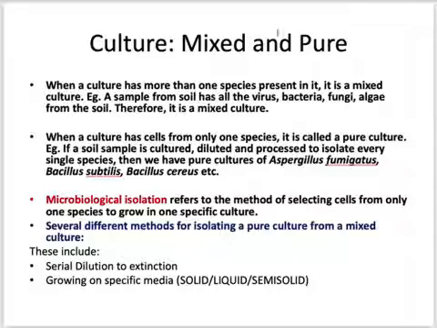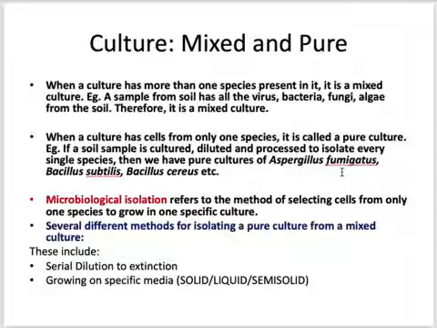So a mixed culture contains more than one species, and pure culture means there is only one type of microorganism. You can define pure culture this way: when a culture has cells from only one species, it is called a pure culture.